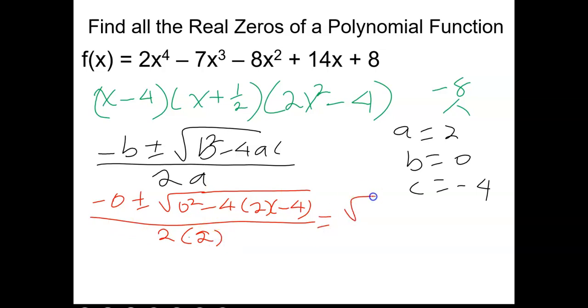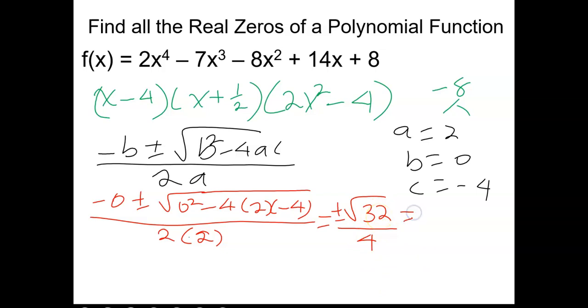So plug them in. Negative 0 plus or minus the square root of 0 squared minus 4 times a, which is 2, times c, which is negative 4, all over 2a, which is 4. Okay, so simplify. That's 0. 4 times that is 16, 32. So it's plus or minus the square root of 32 over 4. Now what can go into this?